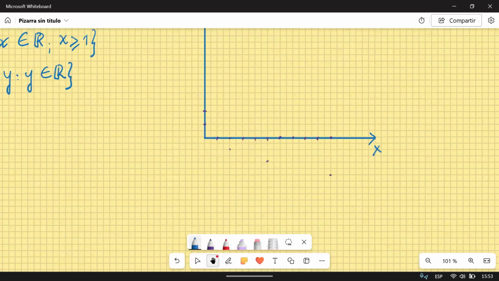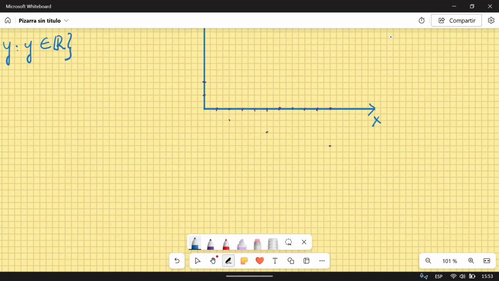I will extend the y-axis so that I have the negative values. So I have negative 1, negative 2, and negative 3. And the function is this one, the graph of the function, the graph of f.